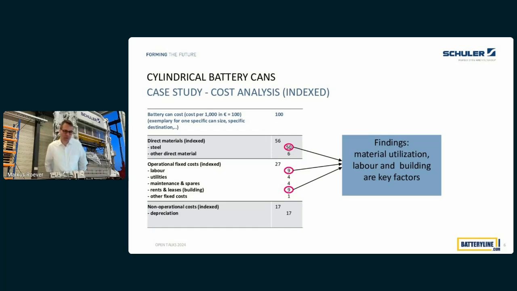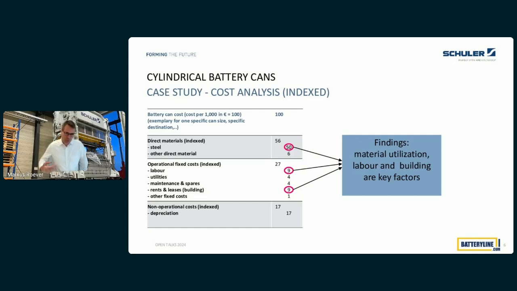This is usually lubricants and detergents, and then maintenance and utilities, the power like gas or electricity. And you also have non-operational cost, the depreciation of the investment. This is another block.